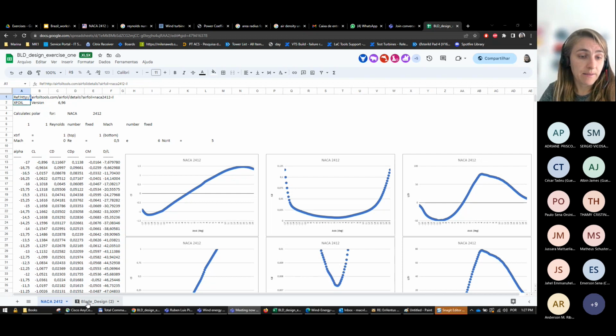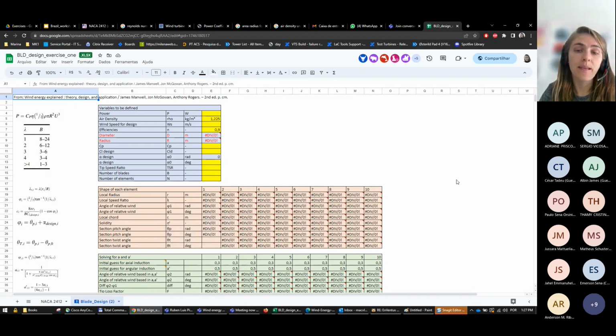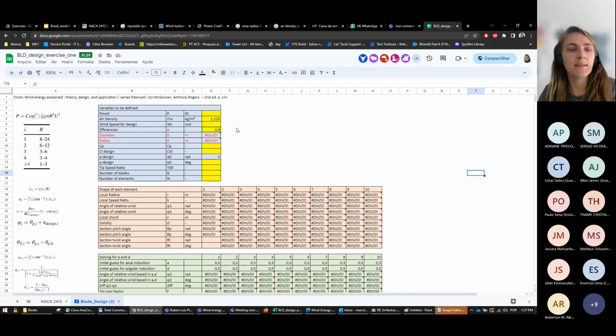And on this tab is where we have this iterative process. In yellow are the variables that you need to define for your design: the power, the wind speed, an estimation of the CP, the design lift coefficient, the design angle of attack, the number of blades, the number of elements in which you will divide your blade, and the tip speed ratio that you want to work with.